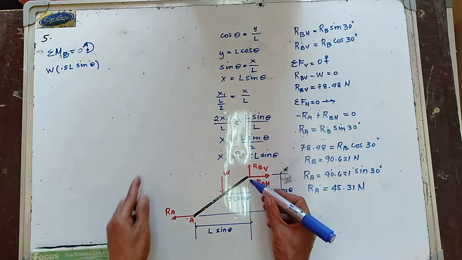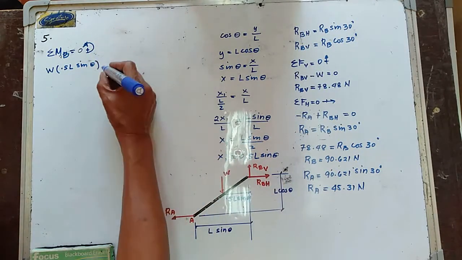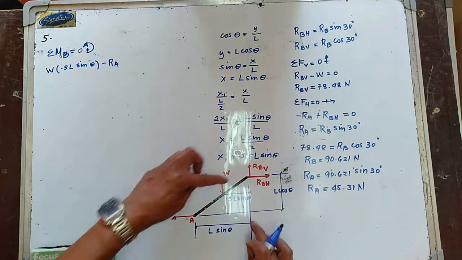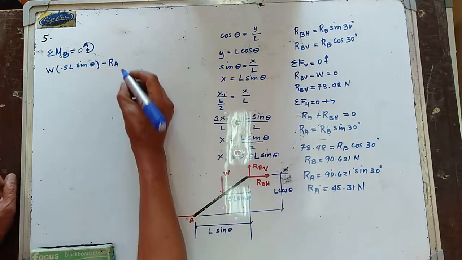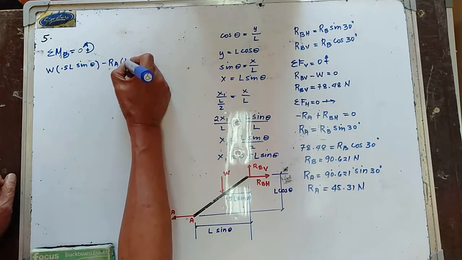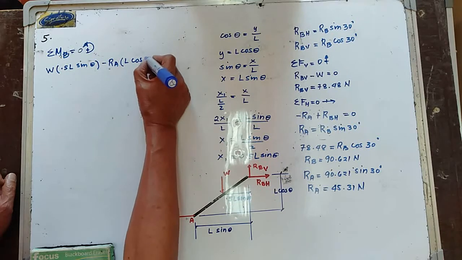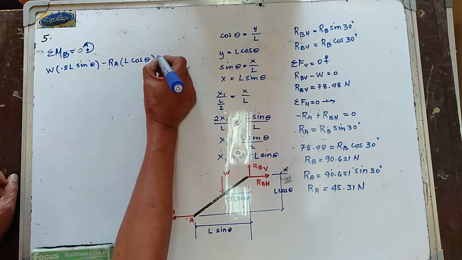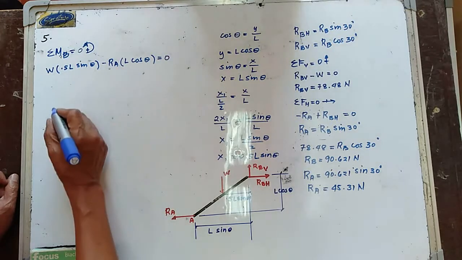And then your RA is going clockwise, so we have minus RA, the moment arm is L cosine of theta. This is equal to 0.